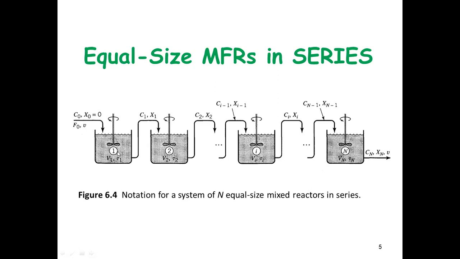So volumetric flow rates have to be equal. That's the only thing in this series that will be equal. Residence time, of course, will be equal if we have equal sized MFRs. But if they are not equal sized MFRs, then the space time will not be the same.